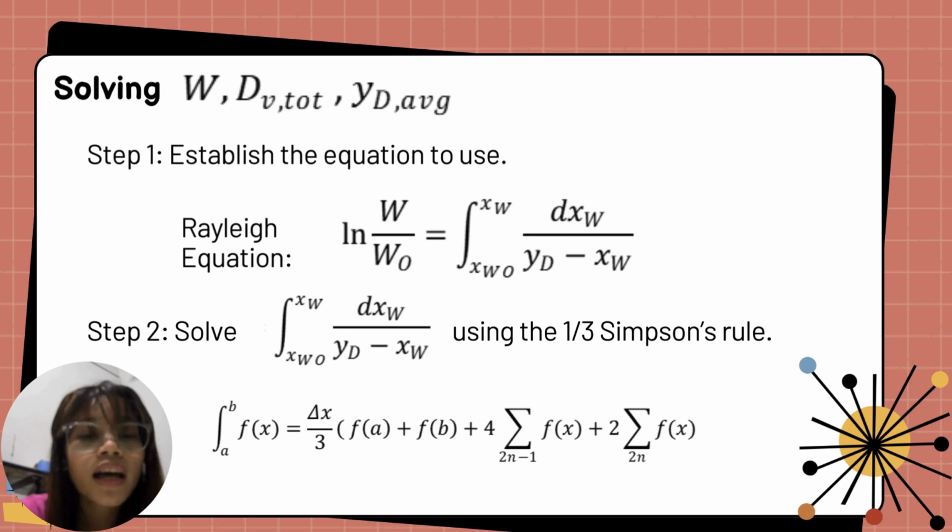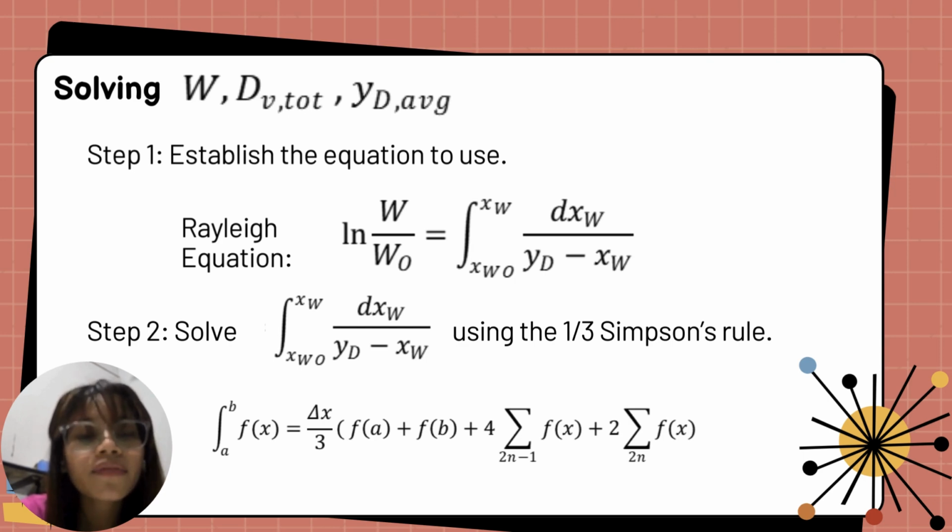Hence the equation: the natural logarithm of the final amount in the still pot divided by the feed is equal to the integral of dx_W divided by the average mole fraction in the distillate minus the mole fraction in the still pot, evaluated from x_W0 to x_W.